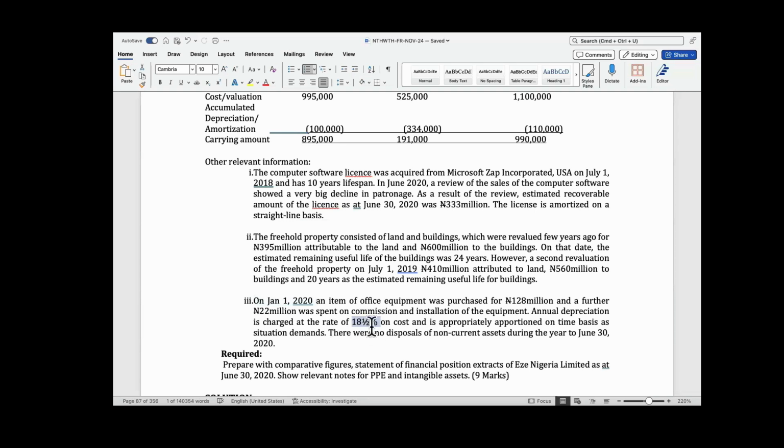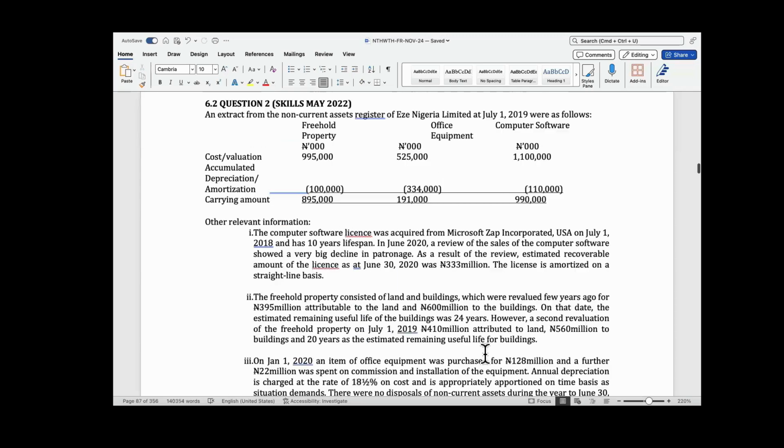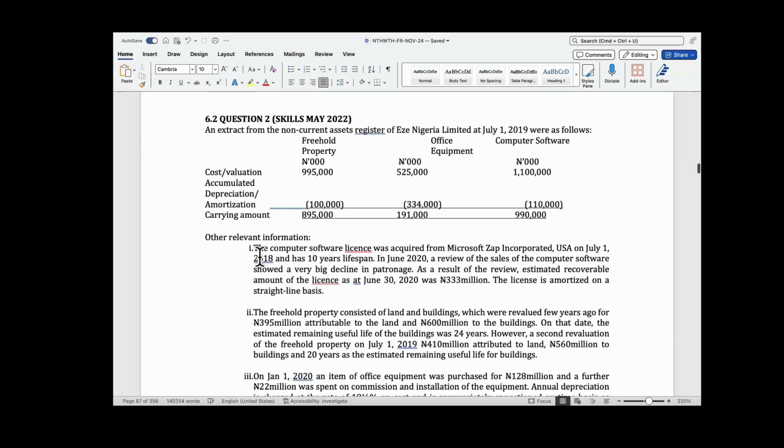There were no disposals of non-current assets during the year to June 30th, 2020. Required: prepare with comparative figures, the statement of financial position extract of AZ Nigeria Limited at June 30th, 2020. Show relevant notes. So let's pick them one by one and we'll show our workings.